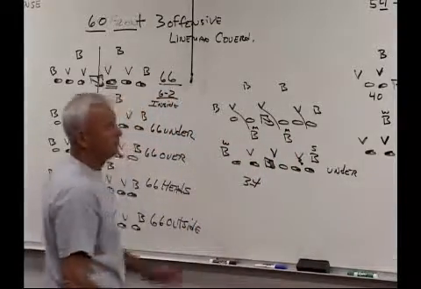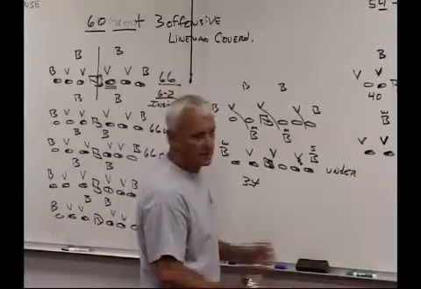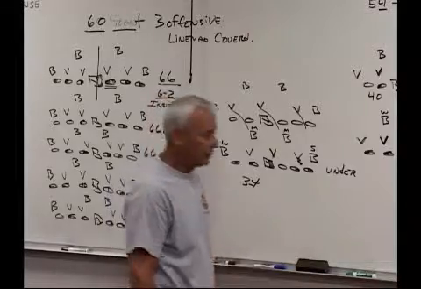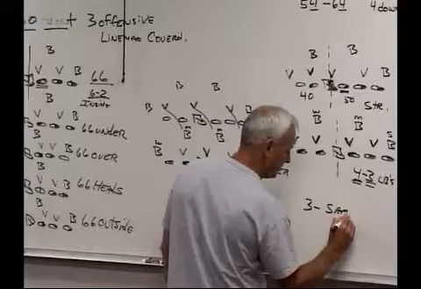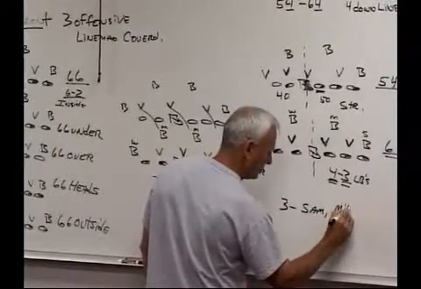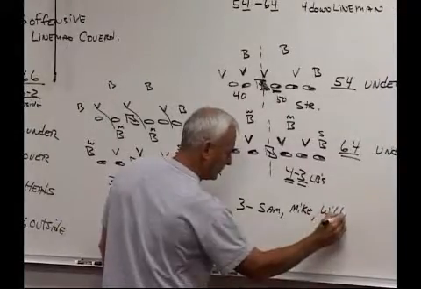All right. When you got 3 backers, you've got Sam, Mike, and Will. You got Sam, you got Mike, who's in the middle, Sam's strong, and Will is weak.